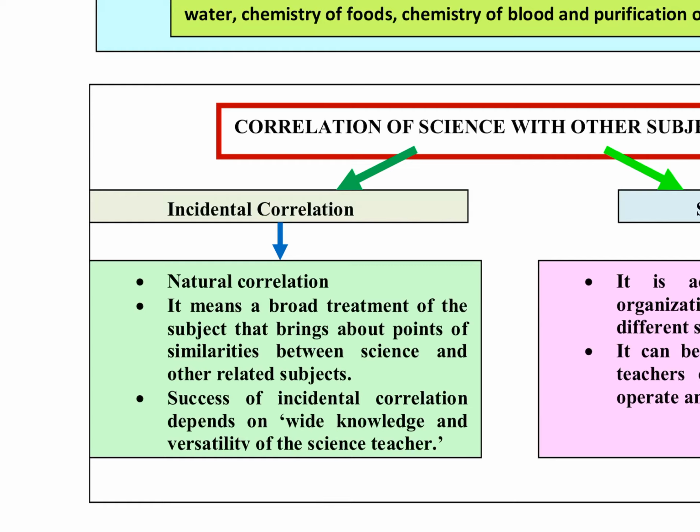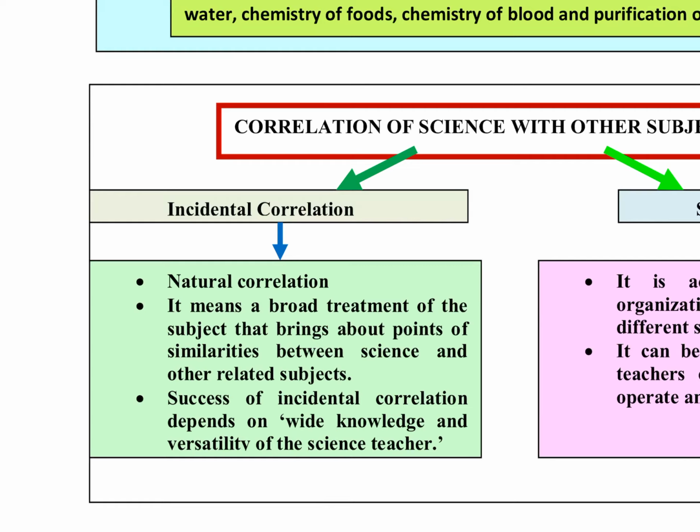That means suppose if she is teaching chemistry, at that time she can relate how that particular concept of that particular chapter is related with the life or related with the environment.